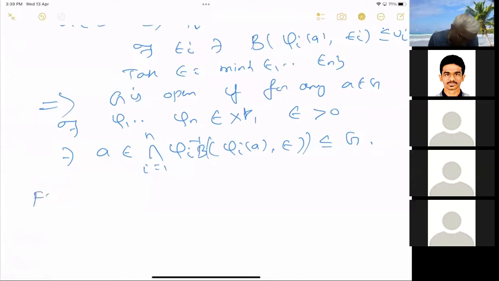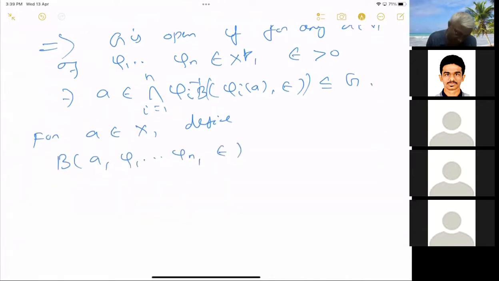So for A in X, define B A, phi1 up to phi n and epsilon. Something precise like, so that intersection, whatever I have just written, you can write it like this: all those x in X such that the absolute value of phi I x minus phi I A is less than epsilon for all I. Okay.